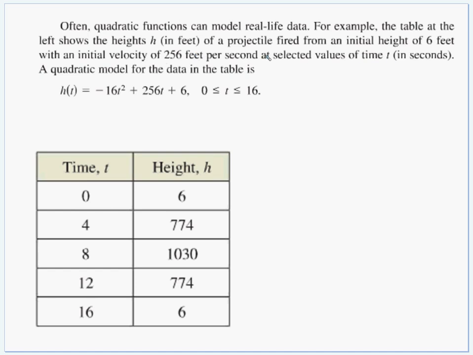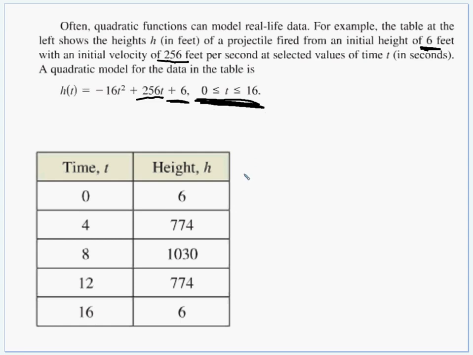The values are stated in time t in seconds below, and we have this quadratic function that models the data. It starts out with negative 16t squared plus 256t. That 256 is the same as the initial velocity. And then we have a plus 6 constant, and that 6 is our initial height, where we were standing when we threw the ball. And it says this model works for all t values between 0 and 16.